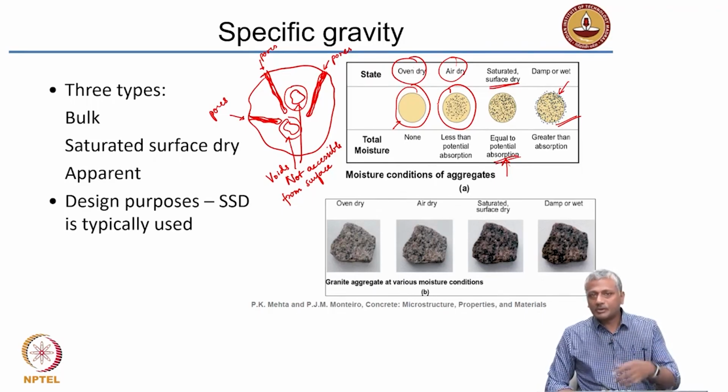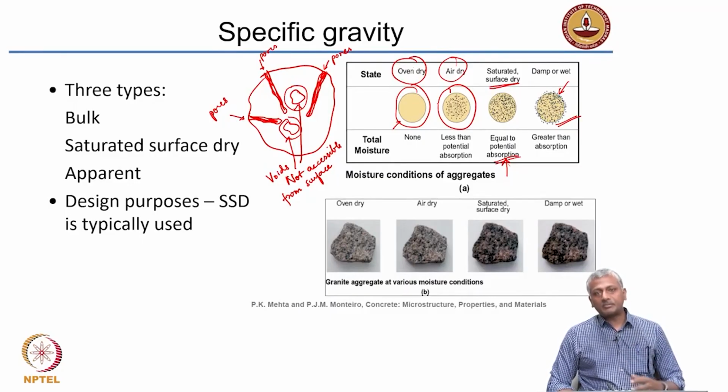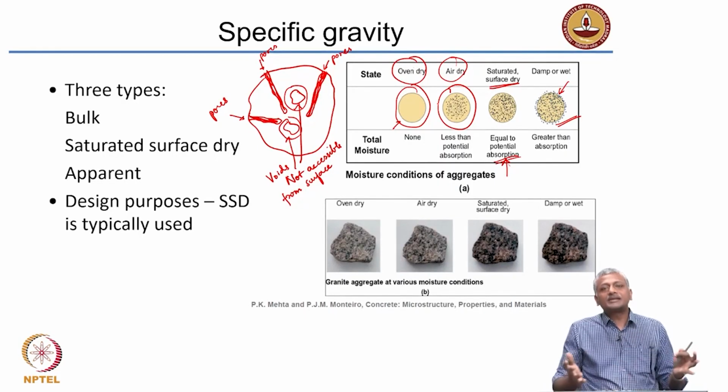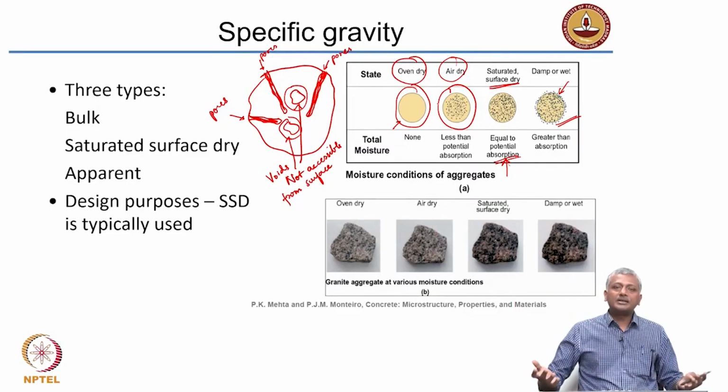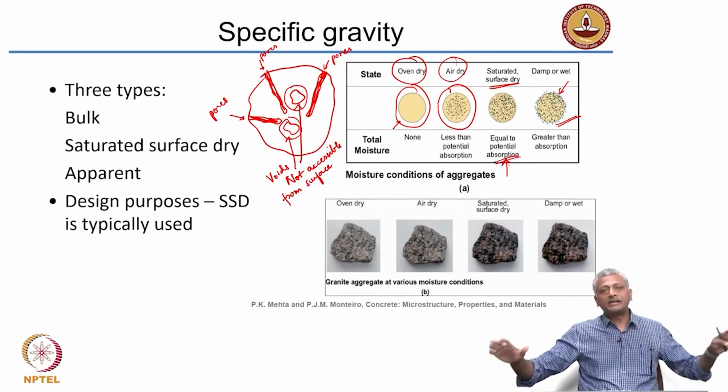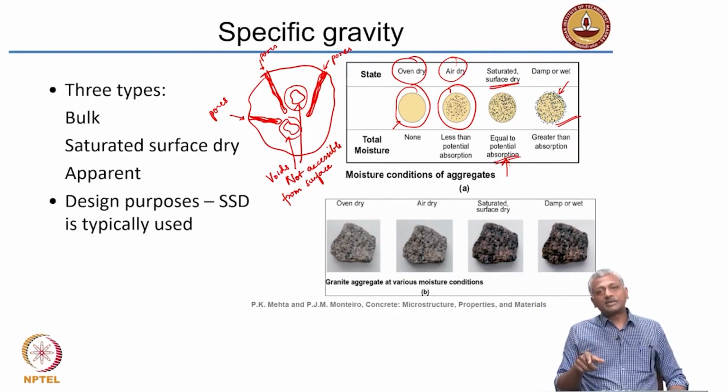Now, this is something that we do in the lab on a regular basis, but in the field, on site, when they are actually practicing concrete, this becomes one of the single most important aspects that governs the performance of the concrete. Why is that? Because most aggregates in sites are lying out in the open. Let's say on a sunny day, aggregates from the external surface are completely dry. But 2 days back, a lot of rain has happened.